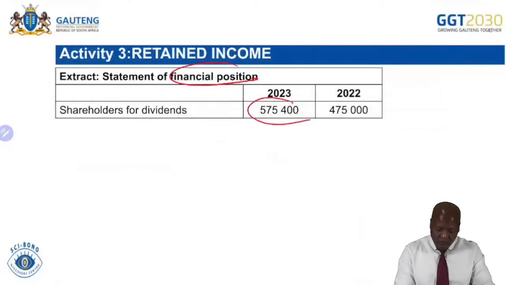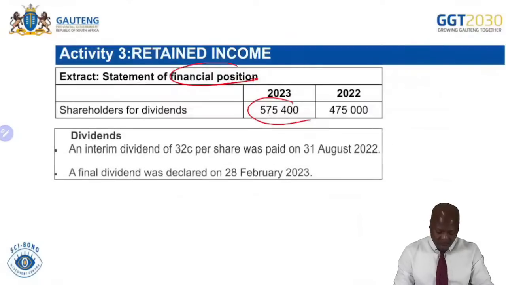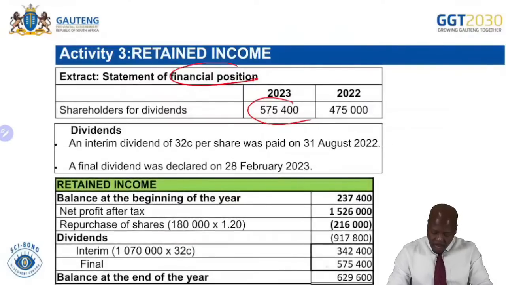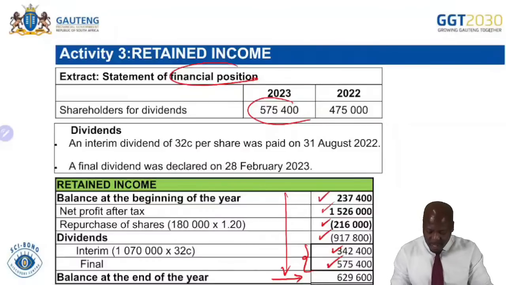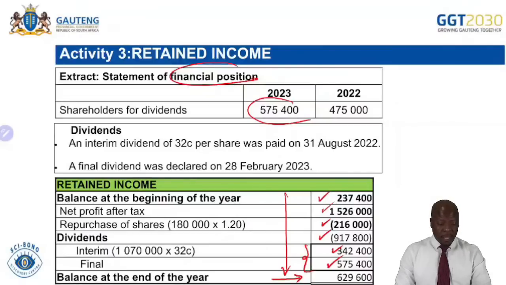There is my final dividends. I would add my 342 and the 575 to give me 917. Then I'm taking it from the top to the bottom because this was given, and we calculated that. And then we subtract that as well, and we end up with a balance of 629,600. That was easy.